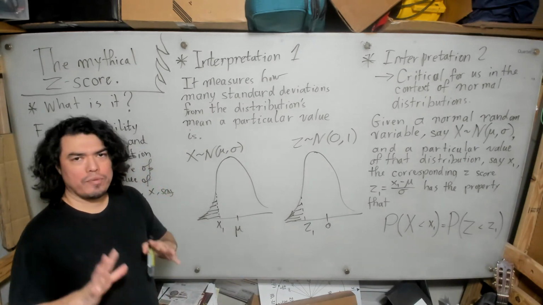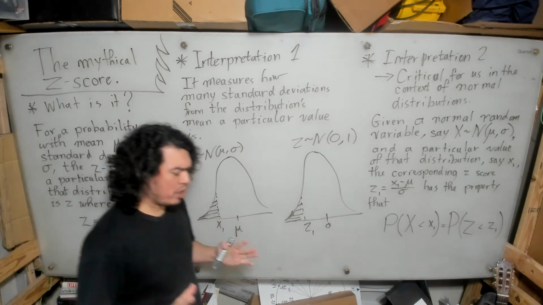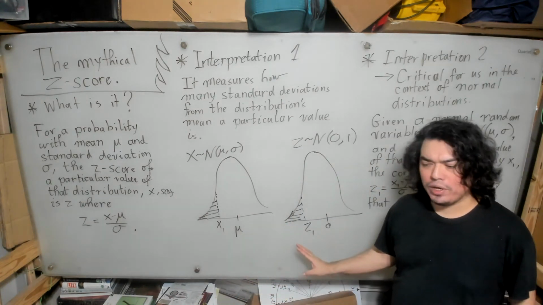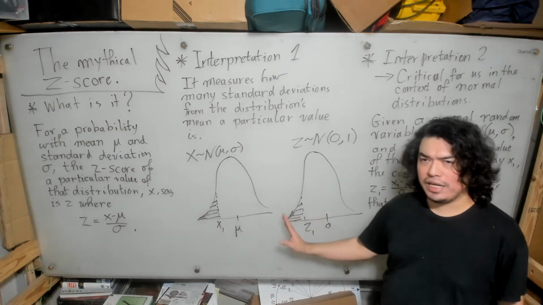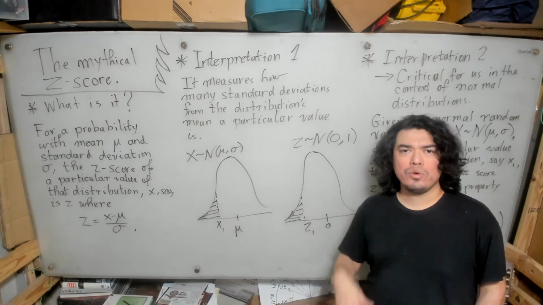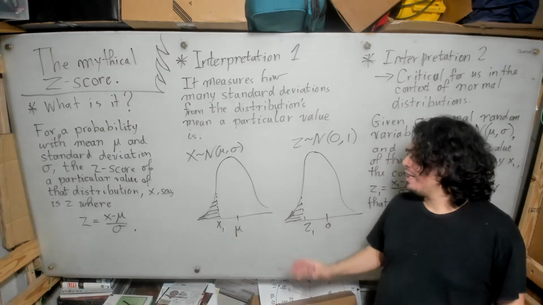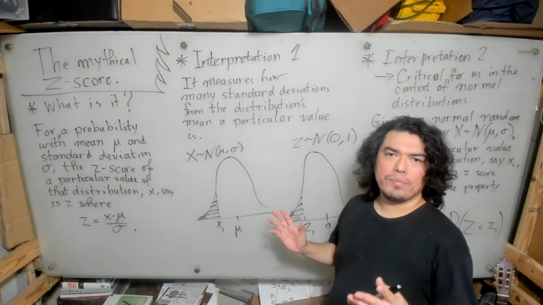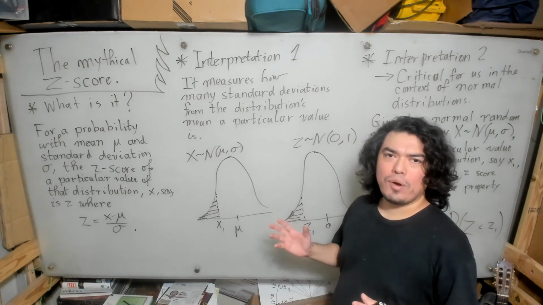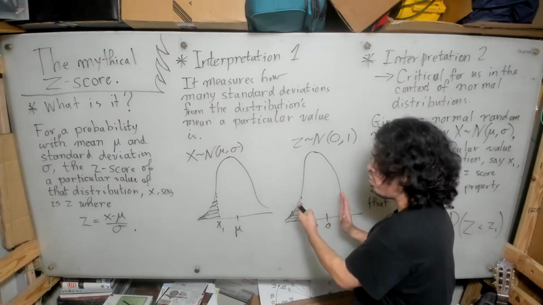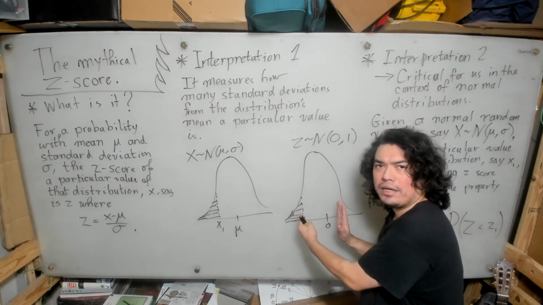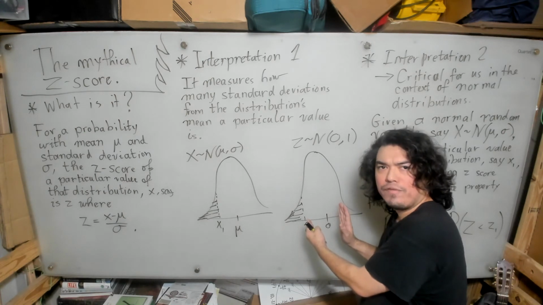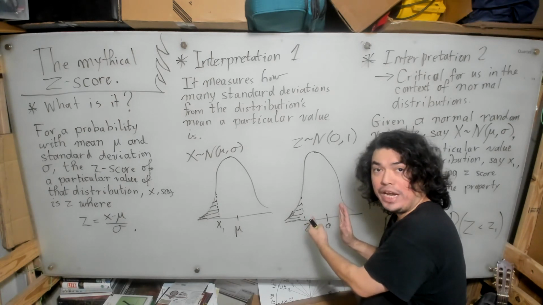Before I end this video, I just briefly want to tell you that even though I've stated this property in the context of areas to the left of a particular value, you will see as we work out some examples that this will preserve the probabilities whether we're looking for the probability that a particular value of a random variable will lie within a range.